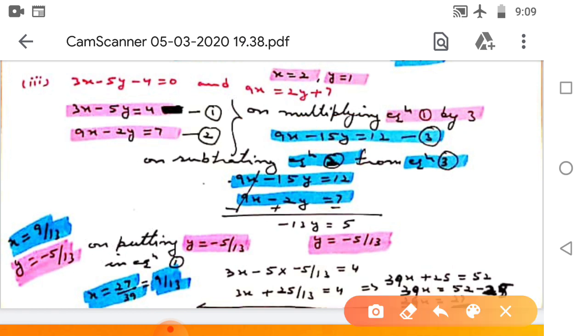Now this is your second equation, 9x minus 2y is equal to 7, and this is the third, 9x minus 15y is equal to 12.